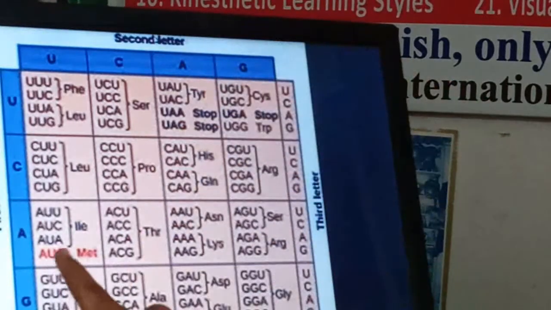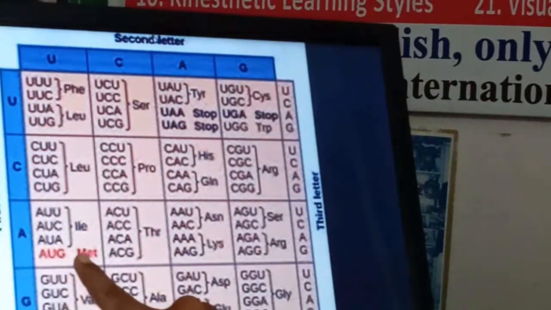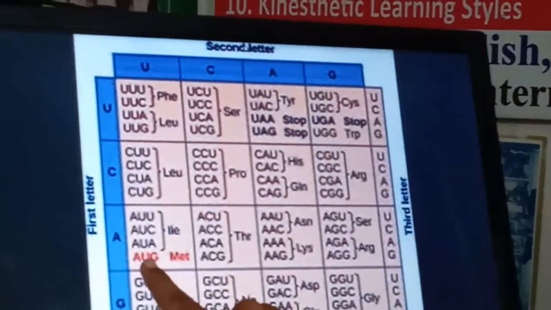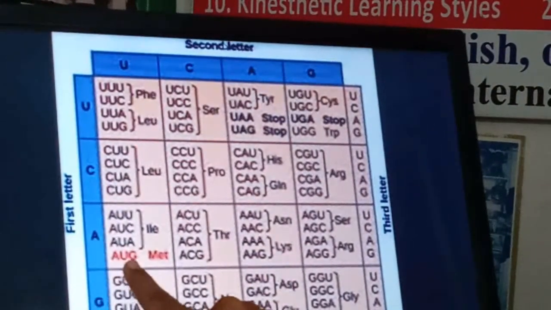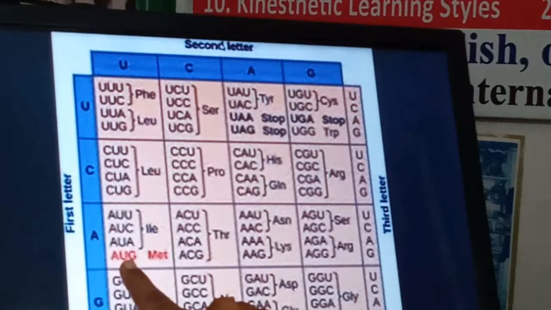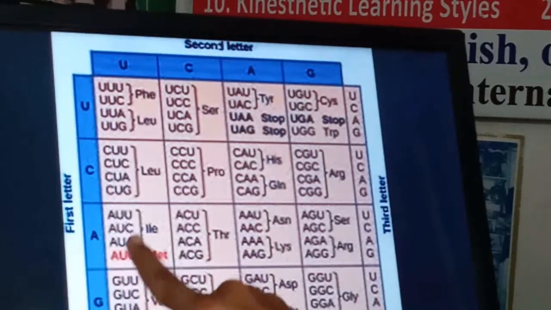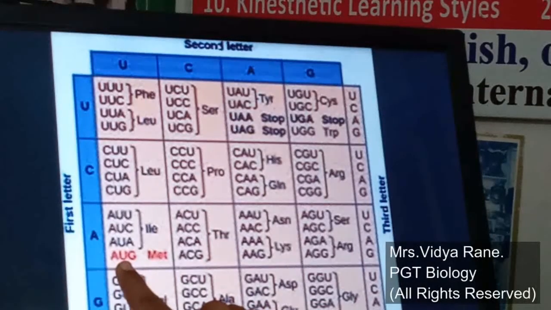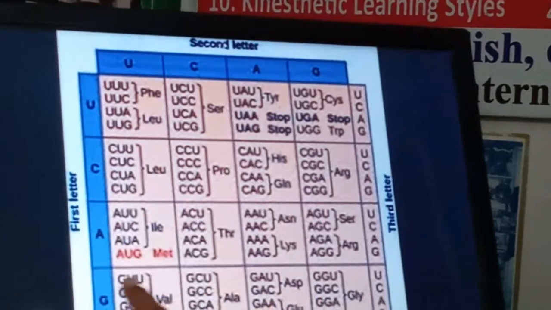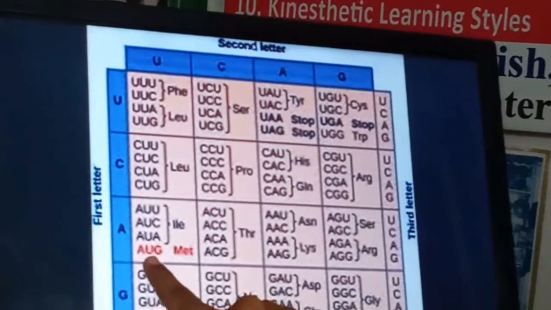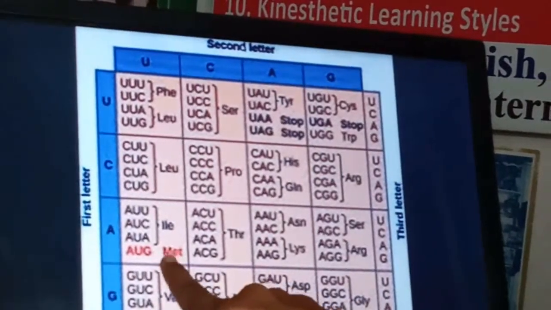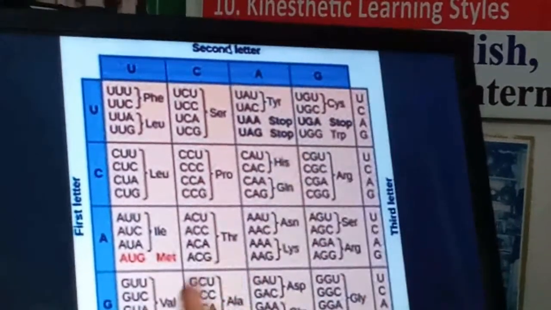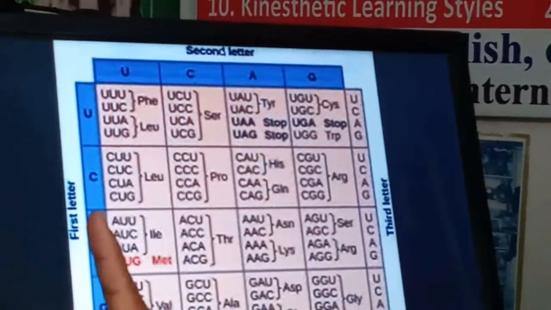Like that, if you see here, AUG codes for methionine. This codon also acts as a starter codon. Whenever mRNA is translated, this will be the first codon, which codes for Met, and this will be the first amino acid for every protein formed. Right.